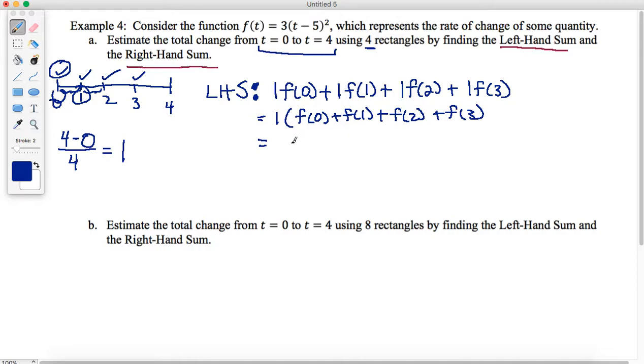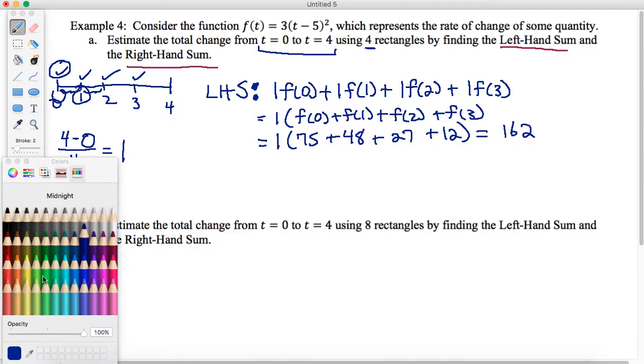I get that my total change for my left hand sum is going to be 1 times, f of 0 is 75, 48 for f of 1, 27 for f of 2, and 12 for f of 3. I multiply those out, add those up, multiply by 1, I get 162. I don't know my units here, but it's not a rate of change. It is some value. Okay, that's my left-hand sum.